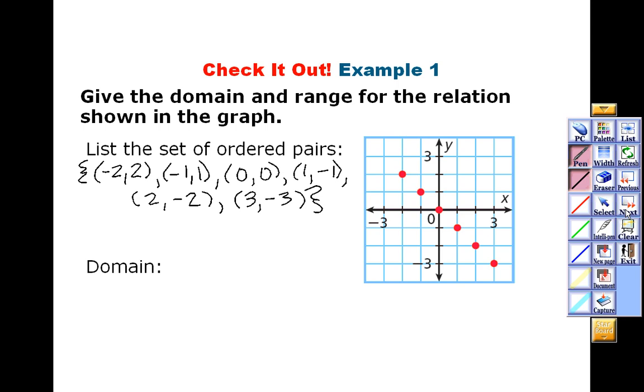Okay, next part, the domain. So again, the domain is the x values. So our domain will be from smallest to biggest: -2, -1, 0, 1, 2, and 3.